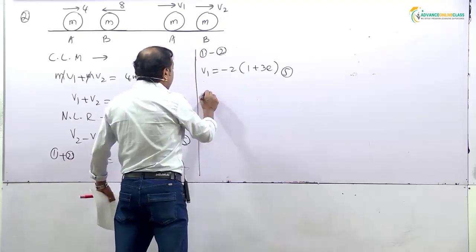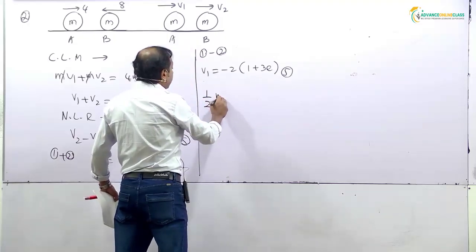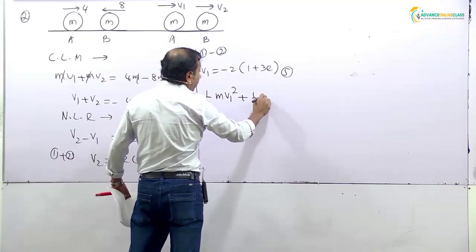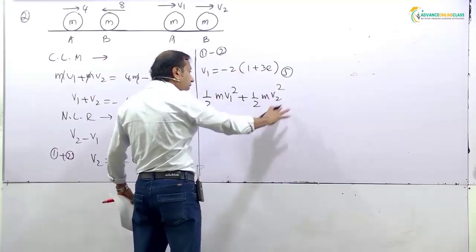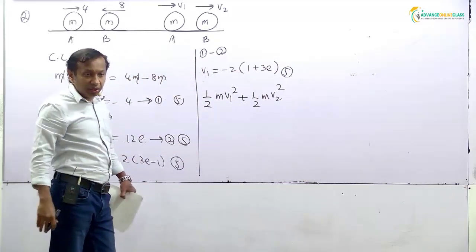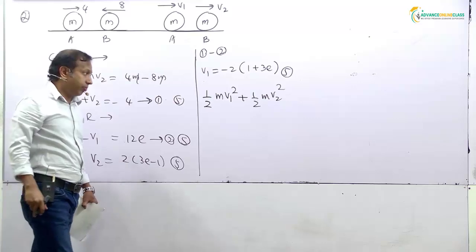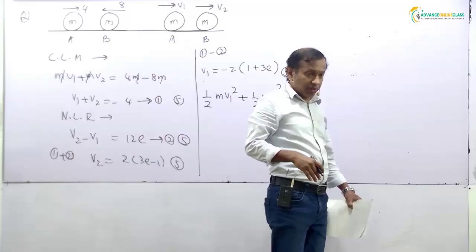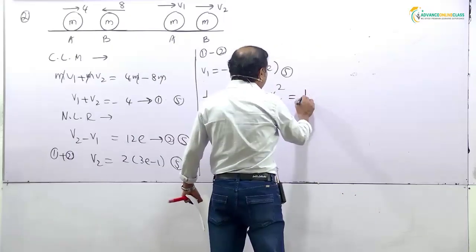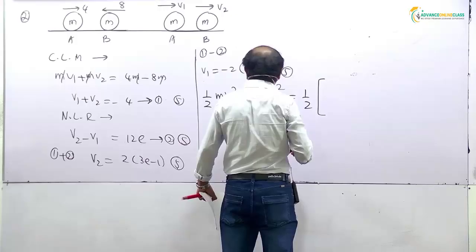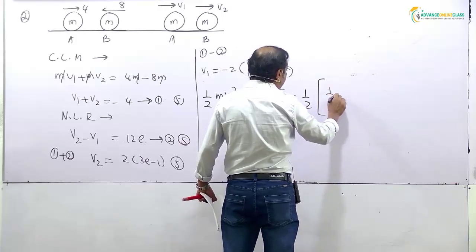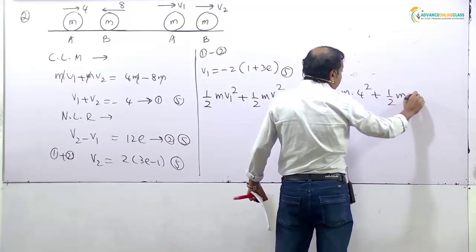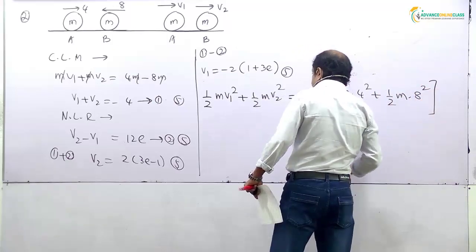The kinetic energy retained after impact is half m V1 squared plus half m V2 squared, equal to half of the initial kinetic energy. Initial kinetic energy is half m 4 squared plus half m 8 squared.